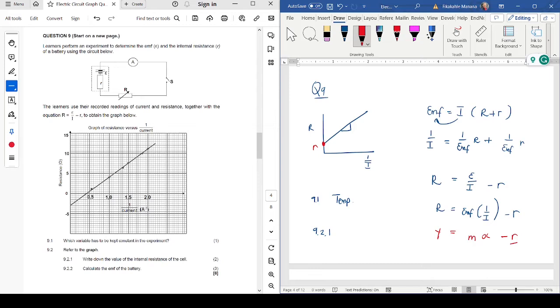And your gradient is equal to EMF. I hope you see that clearly.